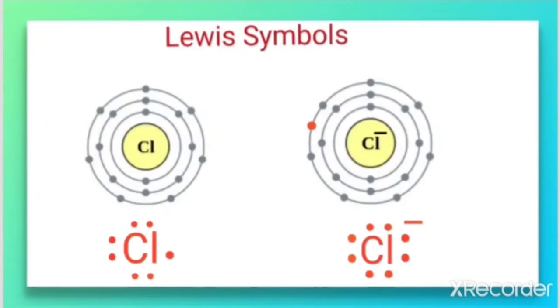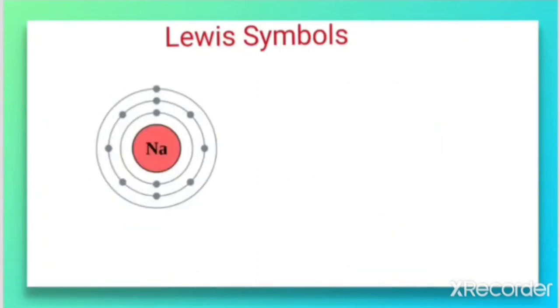Let us take another example. For example, the sodium atom. Since it has only a single electron in the valence shell, how do we write the Lewis symbol? Na with a dot. A single dot represents that it has a single valence electron in its outermost shell.